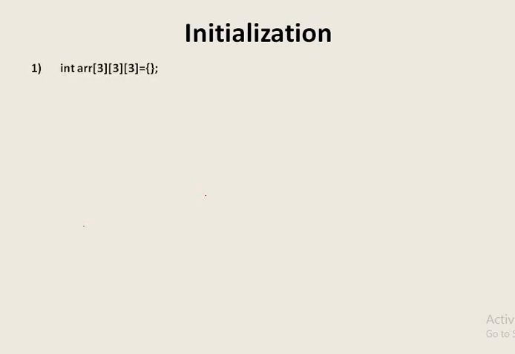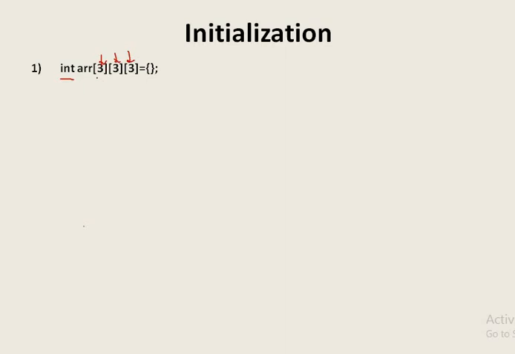The three-dimensional array can be initialized in different ways. One way is given here. The initialization can be performed as int ARR[3][3][3]. All the subscripts here represent the value 3. That means there will be 3 blocks. The first subscript represents the block size, the second subscript represents the row size, and the third subscript represents the column size.